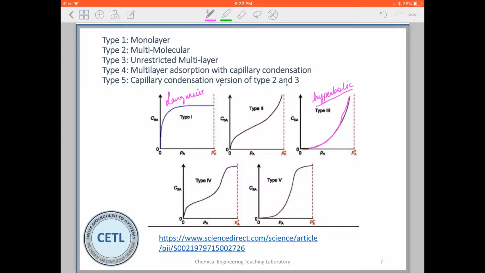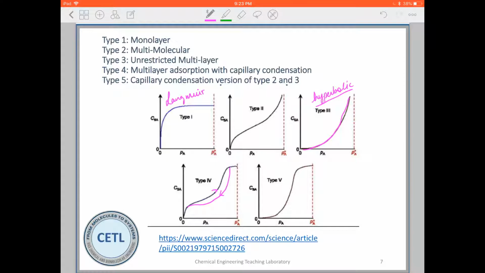It's also known as a hyperbolic isotherm. Type 4 is what we call multilayer adsorption with capillary condensation. And this one, in some cases, also has a hysteresis effect. So if you're adsorbing or desorbing, you can actually get a slightly different curve because of the hysteresis.